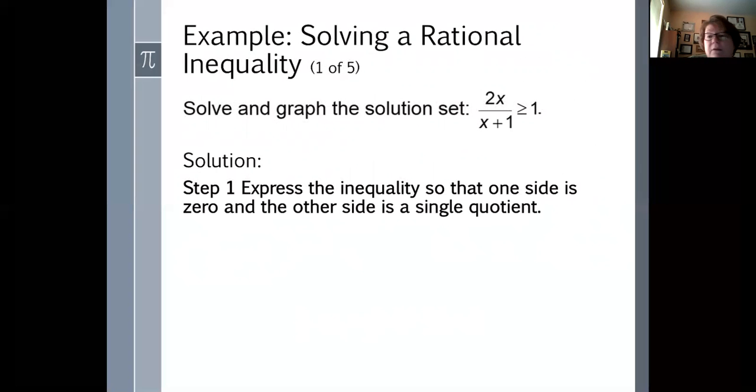All right, so let's look at an example. You follow the same steps that you follow to solve a polynomial inequality, the only difference is how you find the boundary points. So step number one is again that we have to write this inequality in the form where we have the rational inequality on the left-hand side of the inequality symbol and 0 on the right-hand side.